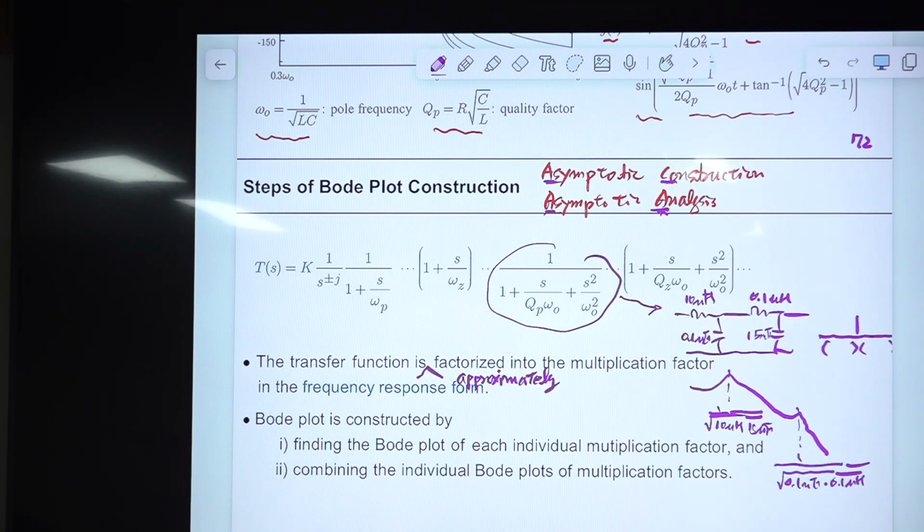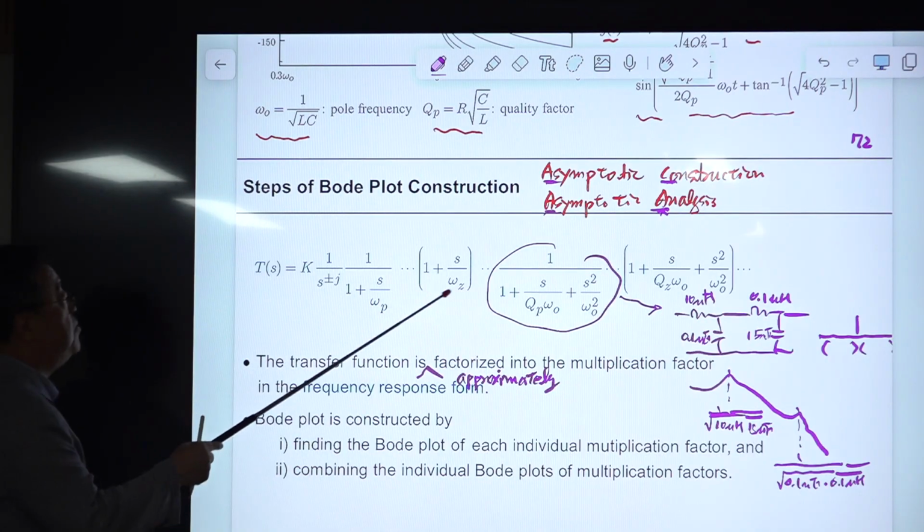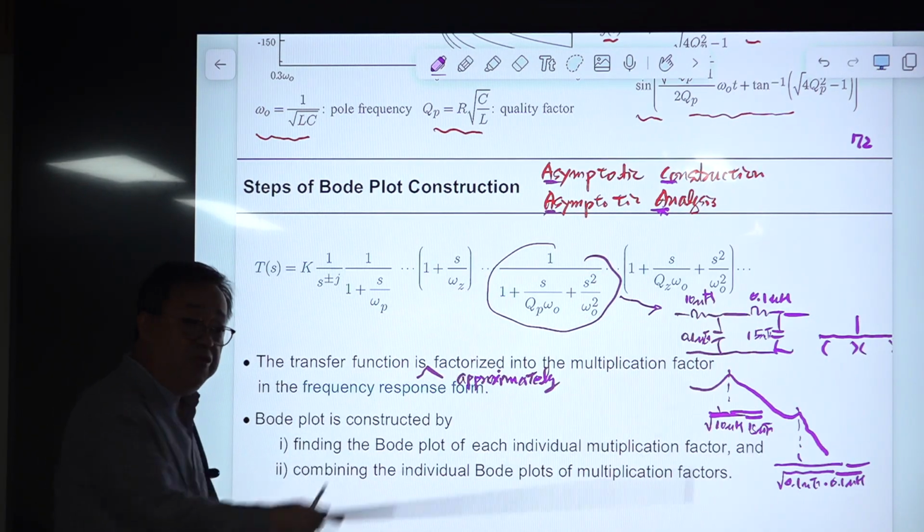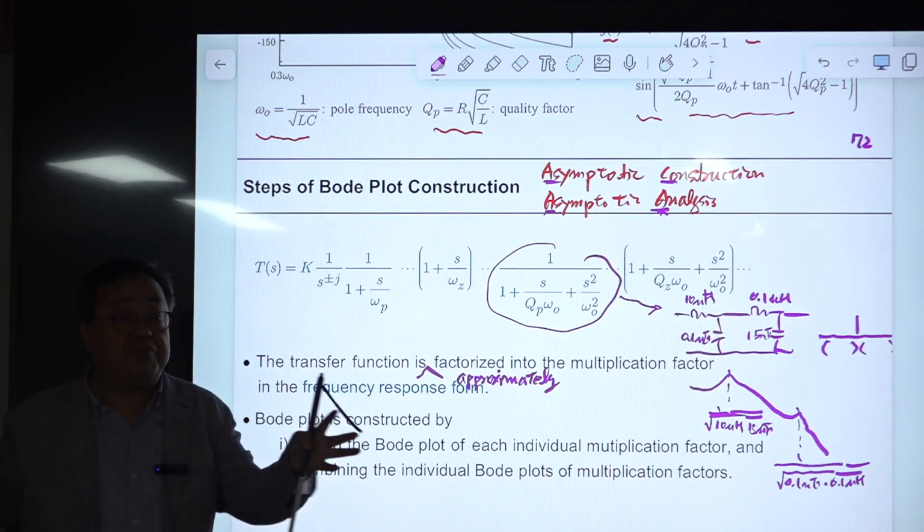The way of constructing this huge equation is very complicated. Then you factorize that T(s) into this multiplication factor form, draw the asymptotic plot of each term individually and combine them together.